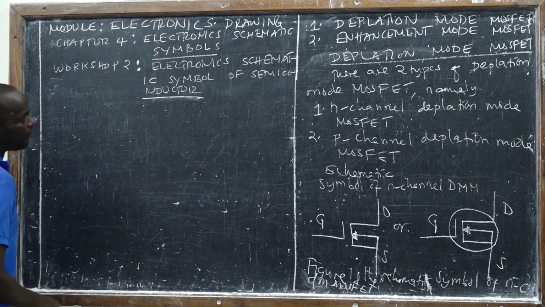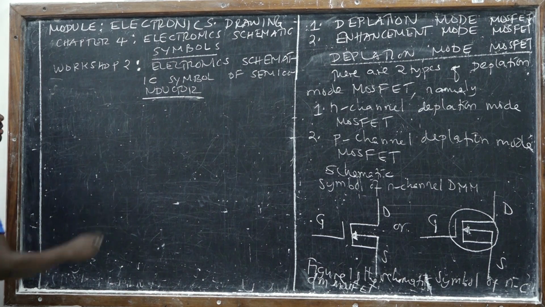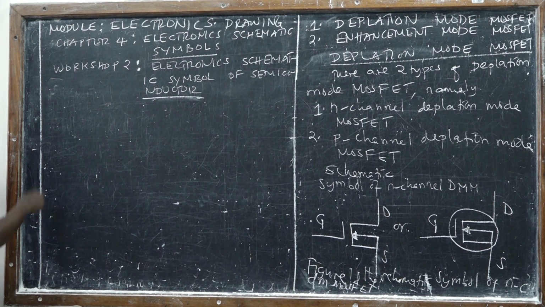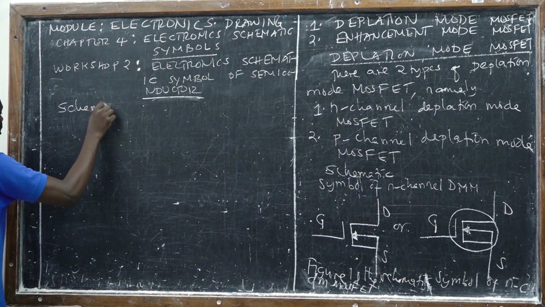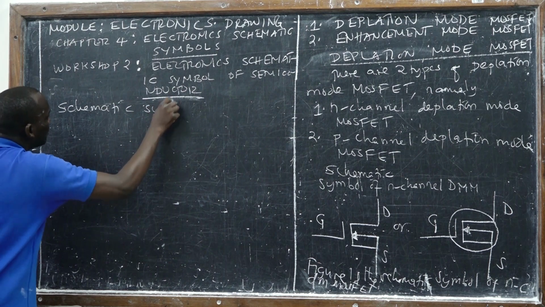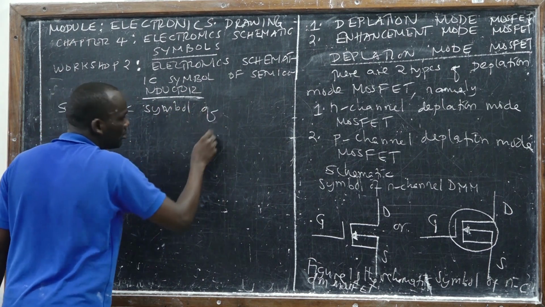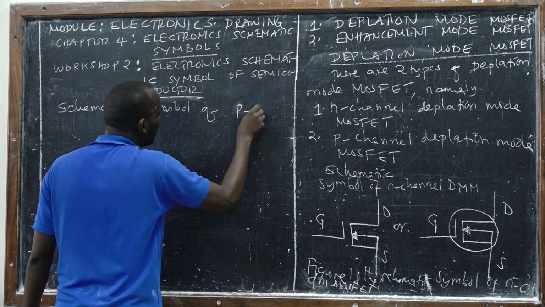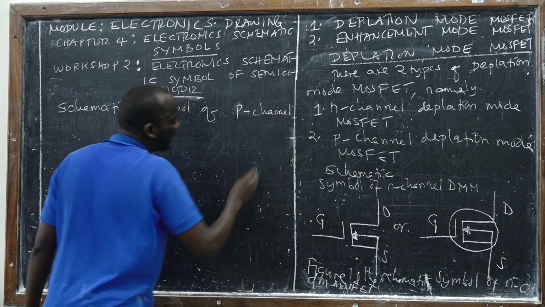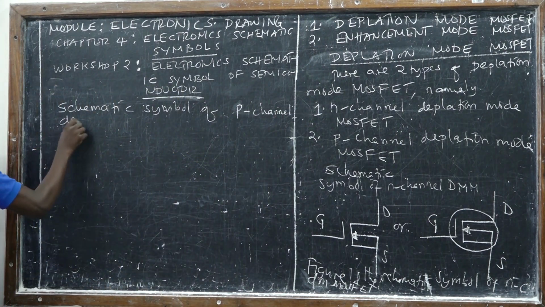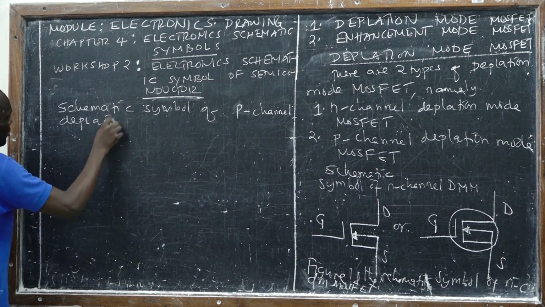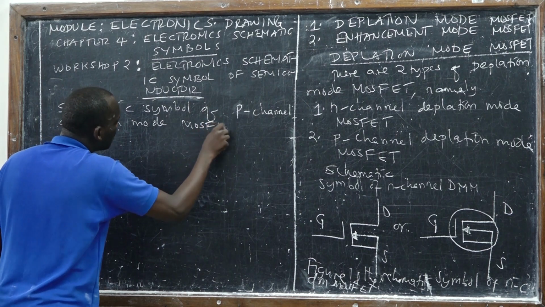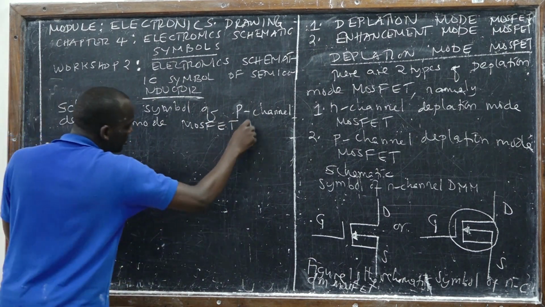So we are about to end our class because if I continue further, you'll be confused rather than understanding. The schematic symbol of a P-channel depletion mode MOSFET is this one.